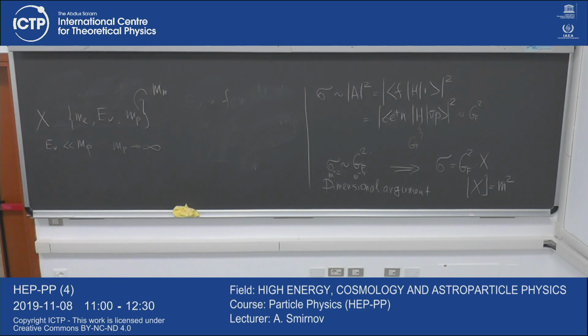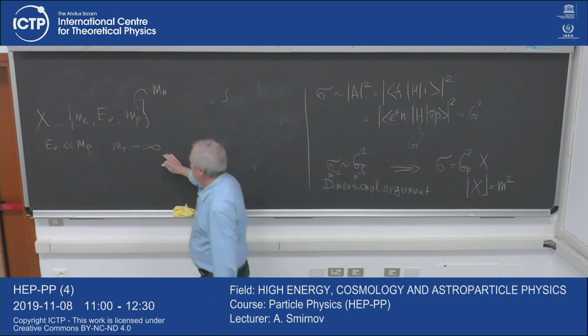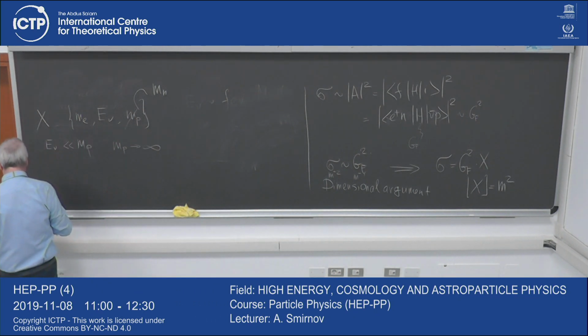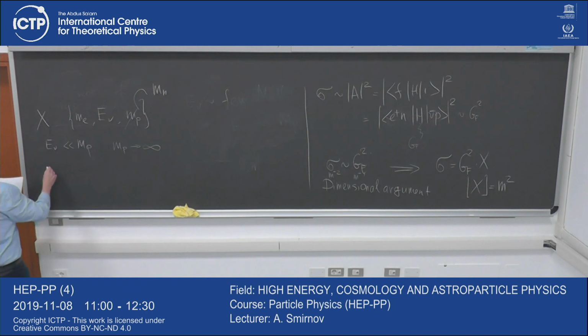It's very heavy. The energy of the neutrino is at least 100 times smaller than the mass of the neutron, and therefore this is a very heavy body for these neutrinos and for this scattering. So in the first approximation I can put this as infinity, and that is not important.